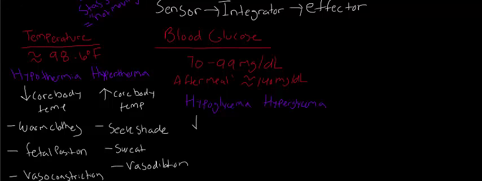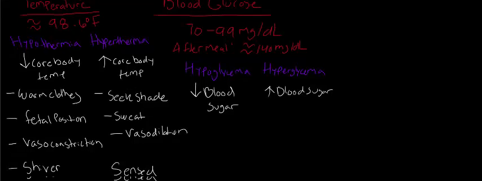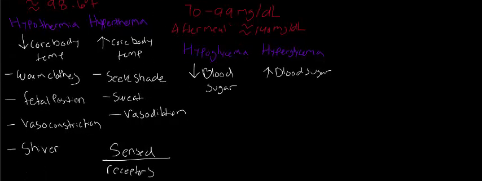Hypoglycemia is indicated by a decrease in blood sugar. Hyperglycemia is an increase in blood sugar. And then you might ask, well, how does the body deal with this? Well, in the pancreas, you have what are known as alpha cells.